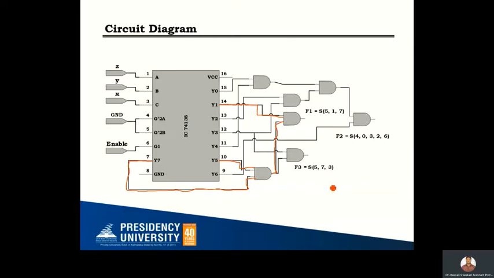And finally, F3. You can either connect all the functions together and try getting the output, or else you can try getting the output for individual functions. It will be better if you get the output for all the 3 different functions at a time, but it is a little bit complicated because more gates are there and it will be a little bit difficult to debug the error.